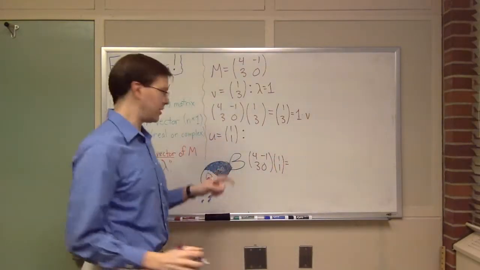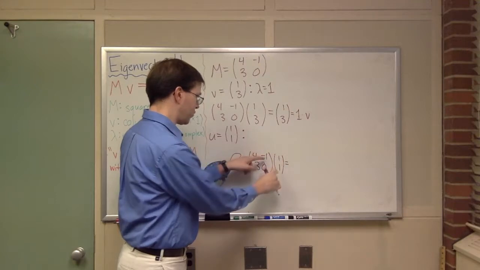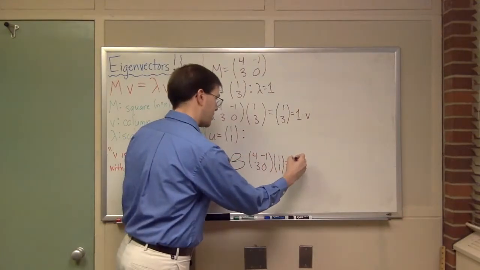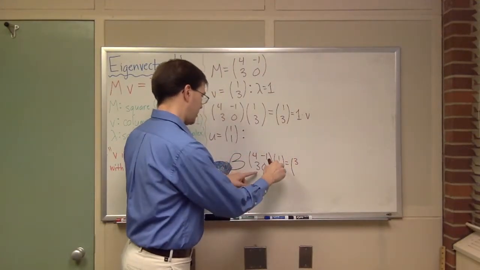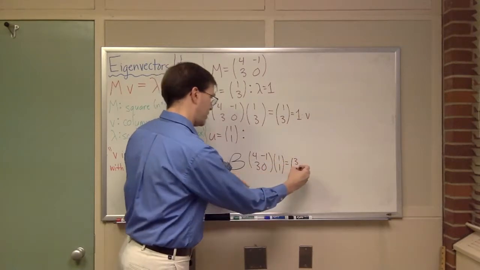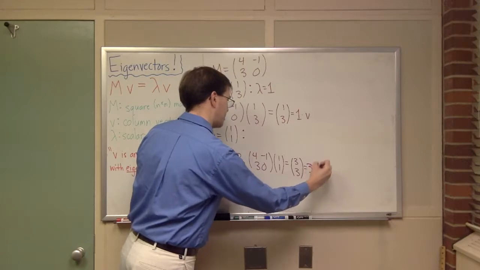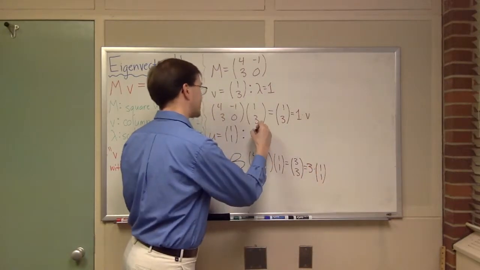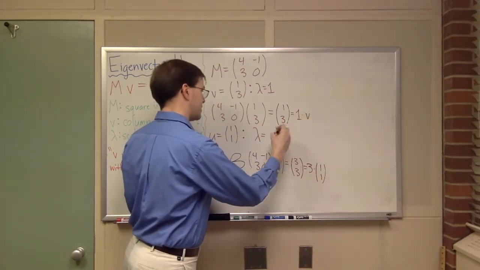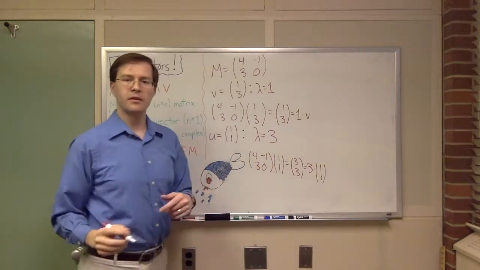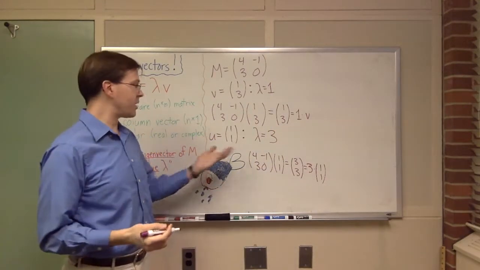And what will that give me? 4 times 1 plus negative 1 times 1 is 4 minus 1, which is 3. And 3 times 1 plus 0 times 1 is 3. That's 3 times the vector 1, 1. So its eigenvalue is 3. These are both eigenvectors of my matrix.